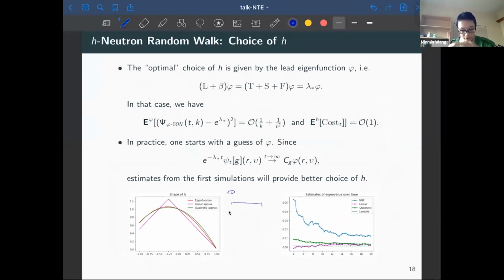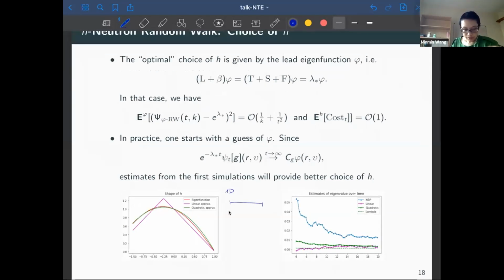So you want a linear function which is 0 at the boundary, and this is something you can start with. Then you can improve on your guess of the H function by running some simulations, which Emma has talked about as well.